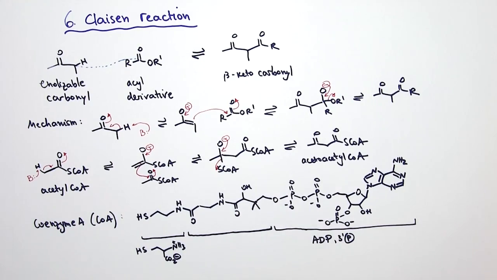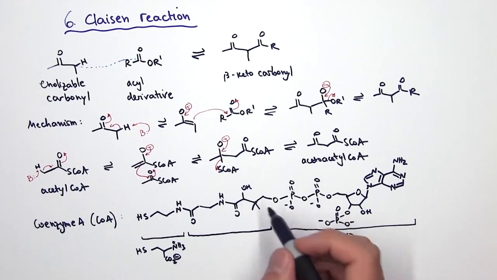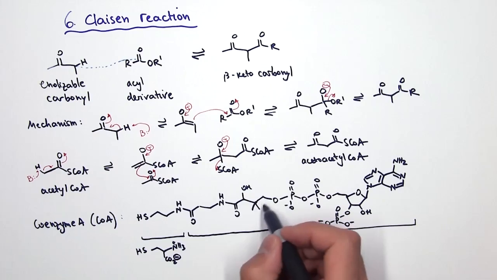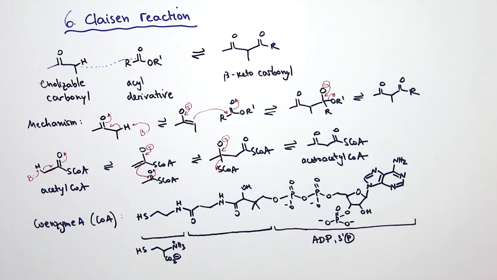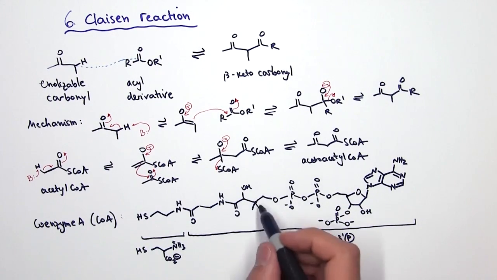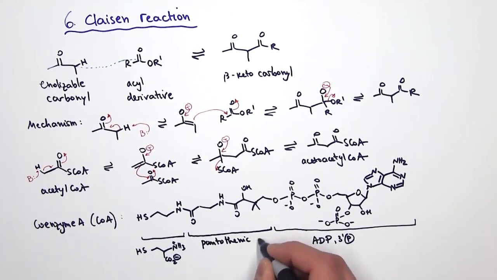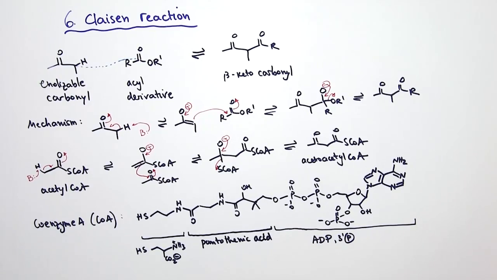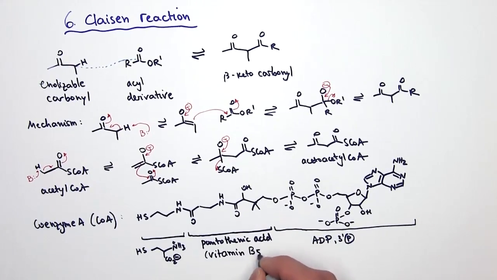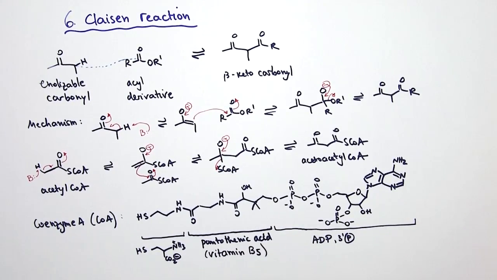So it's a tetravalent carbon, a carbon attached to 4 other carbons. That's a fairly rare sight in biochemistry. This portion of the molecule is called pantothenic acid. Pantothenic acid is an essential nutrient, also known as vitamin B5.